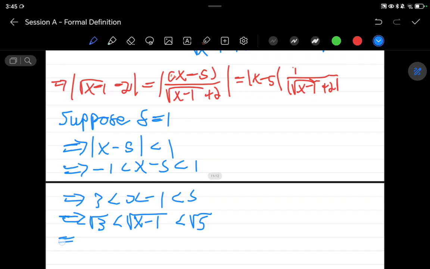We need to put the plus 2 on both sides. Here's root of x minus 1 plus 2 less than root of 5 plus 2.